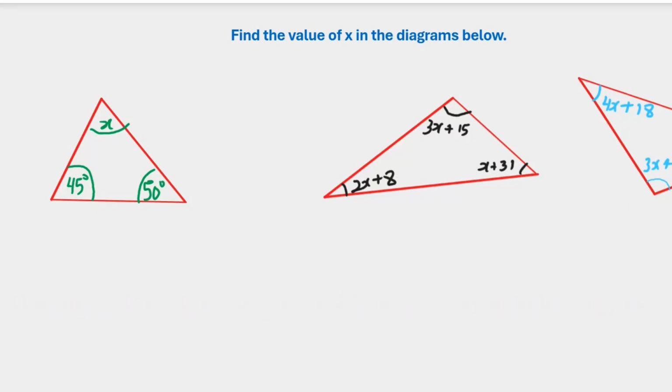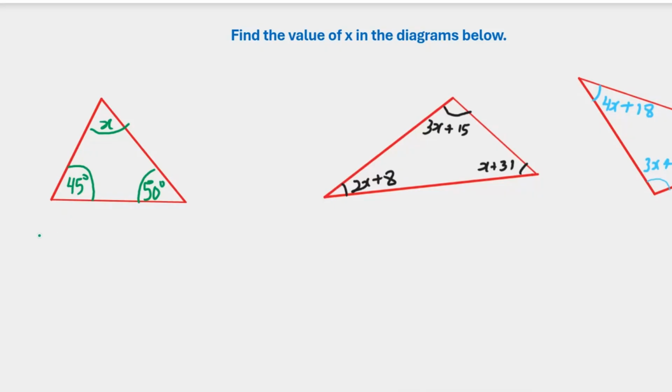Let's begin. So in the first one, we have this particular triangle where the interior angles are 45 degrees, 50 degrees, and that of x. So how do we find the value of x? Using the property that states that the sum of the interior angles of a triangle is equal to 180 degrees.